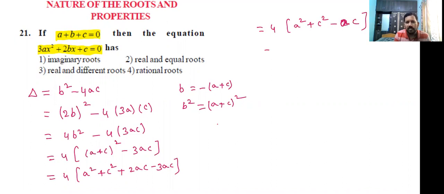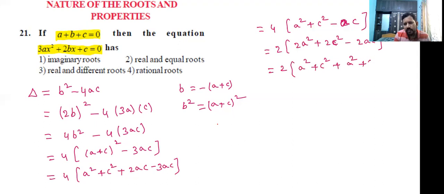Now 4 is outside; we can write 4 as 2 into 2, and one 2 sent inside, that means 2a square plus 2c square minus 2ac. I am writing one a square plus c square here, another a square plus c square here, minus 2ac.